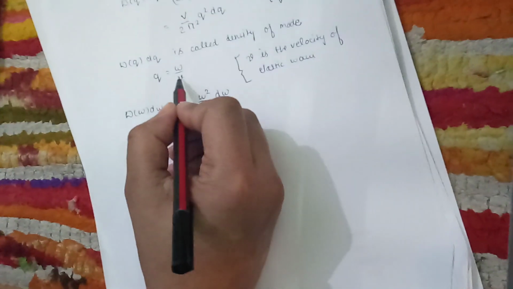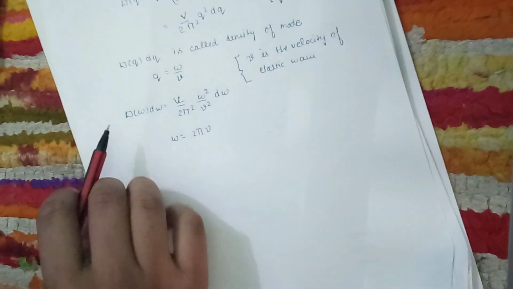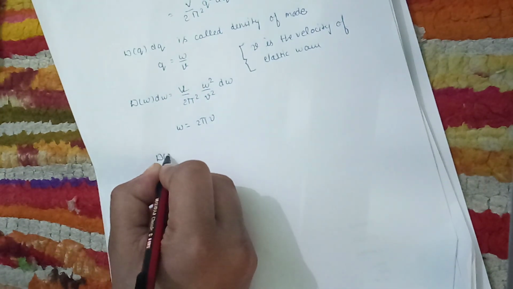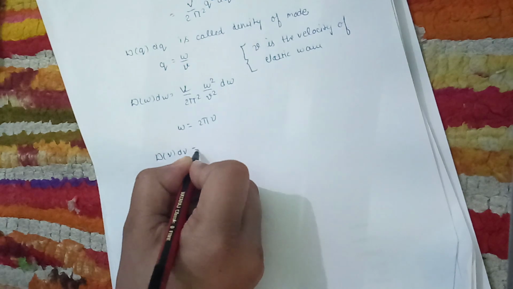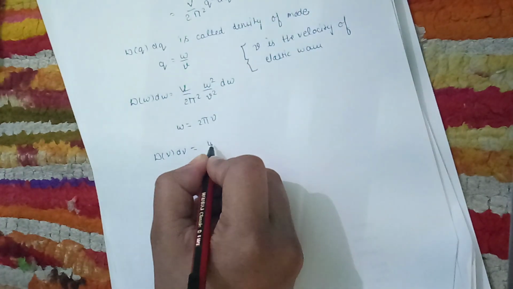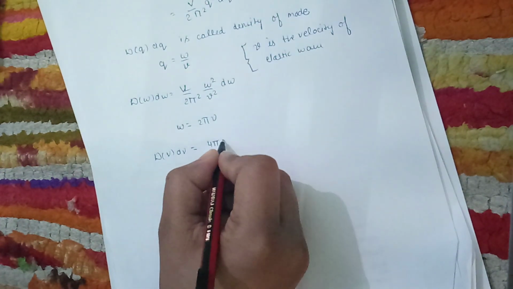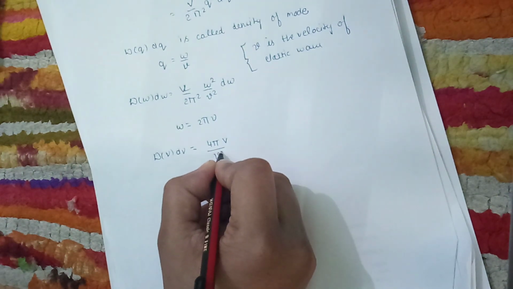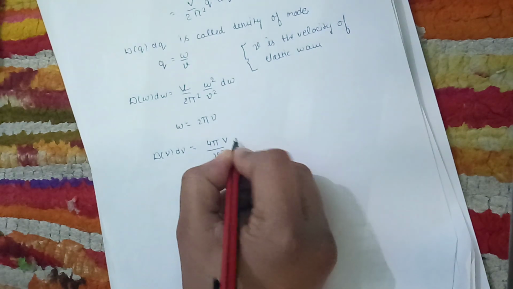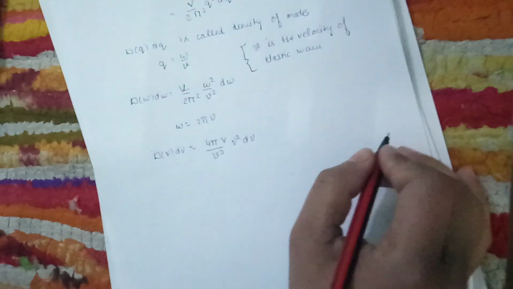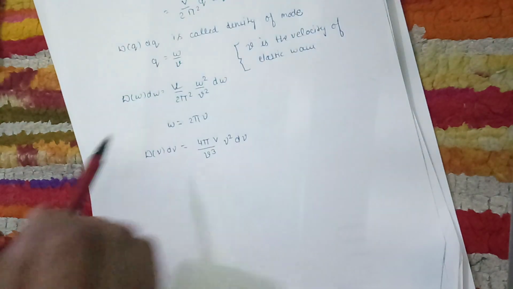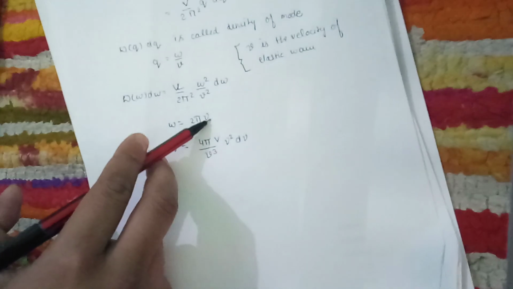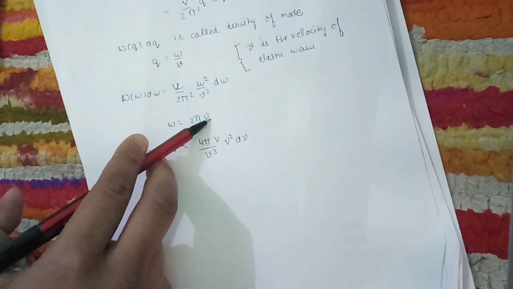This is v, velocity of the elastic wave. Don't be confused. Now this will become g(nu) d nu, which is equal to 4 pi V upon v cube times nu square d nu.